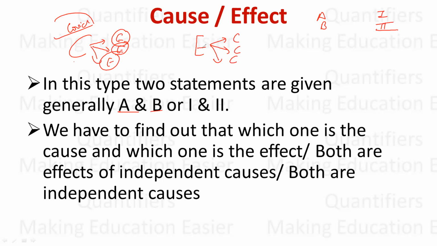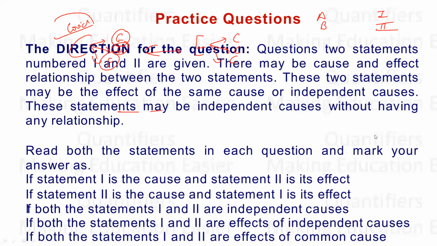For example, global warming is an effect which has many causes. So this is actually a test of cause and effect. Let's understand the options, and that will help us understand this particular question type in a better manner. So let's move on to the next slide.